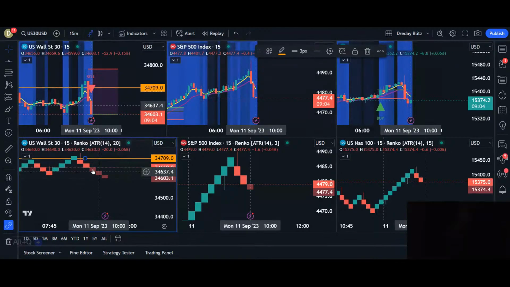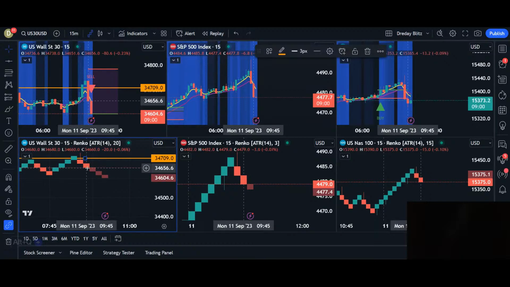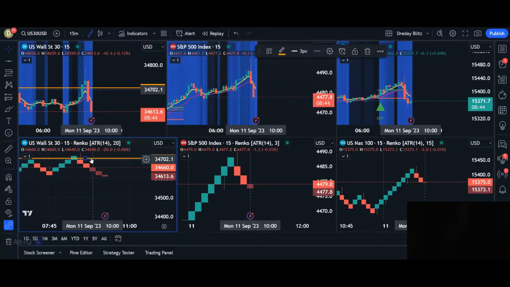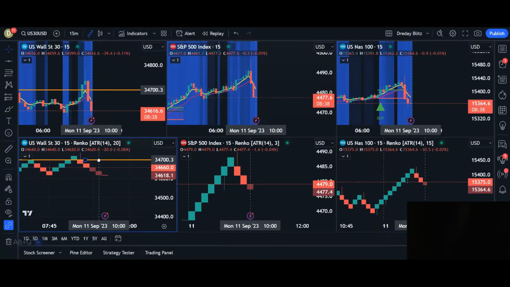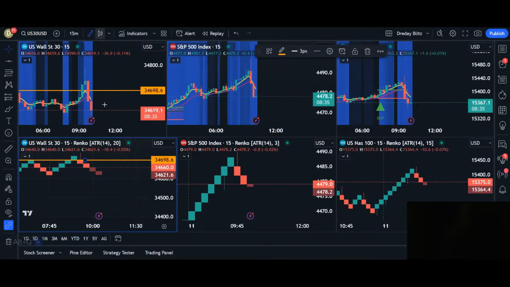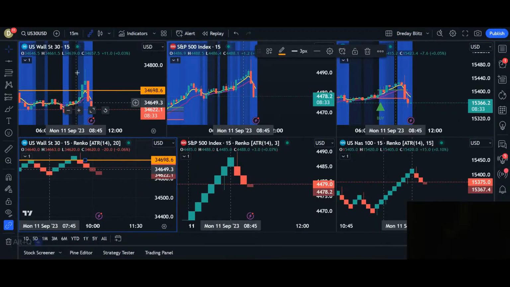Right now we have some future Renko bars that are not fully done, so we are taking our decision for the stop loss from the previous Renko bar of the last full Renko bar. That means it's going to be this one. So if we put it precisely, put it right here. There you go. So that will be my stop loss.